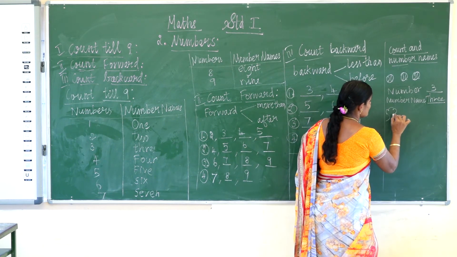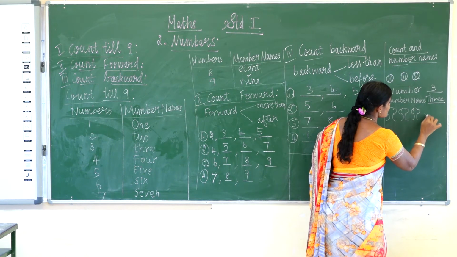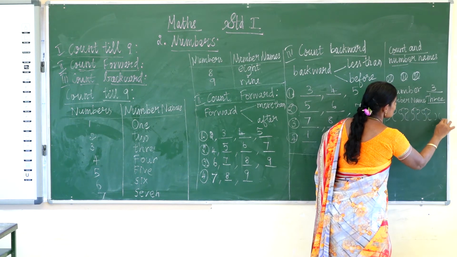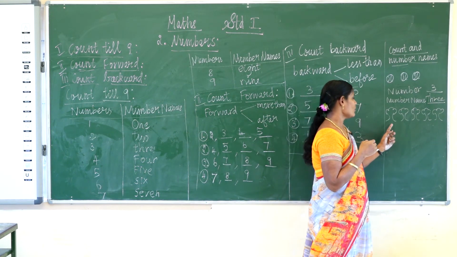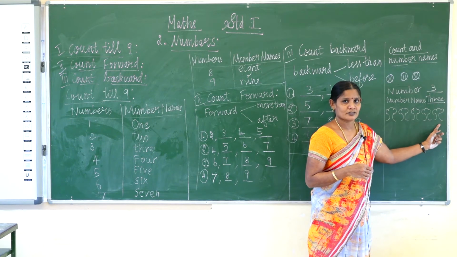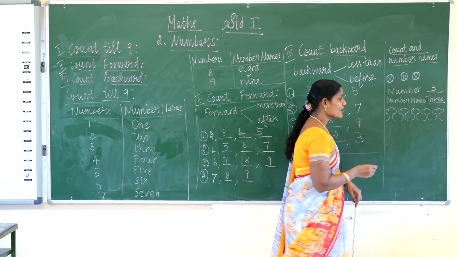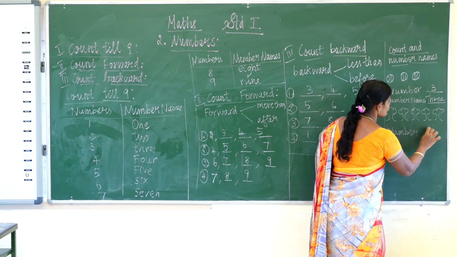See, this is a tree. Have you all seen the tree? Yes. How many trees are there? How to count the number? 1, 2, 3, 4, 5. So what's the number? 5.